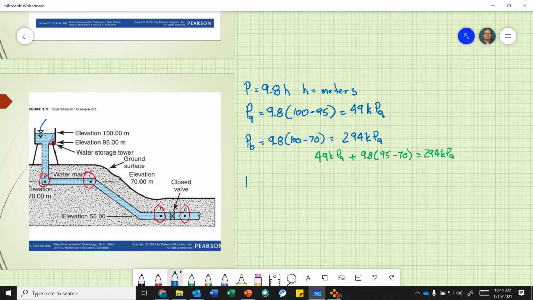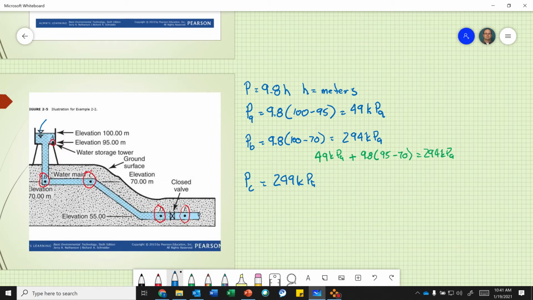So the pressure at point C, well, is this connected? There's no valve in here. It's a continuum. It's continuous through. There's no valves in there. So that means the pressure at point B equals the pressure at point C. So that is 294 kPa.